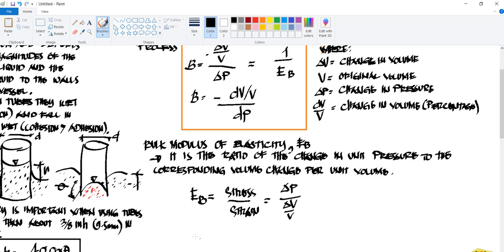It can be expressed as negative change in pressure divided by the differential change in volume divided by V.